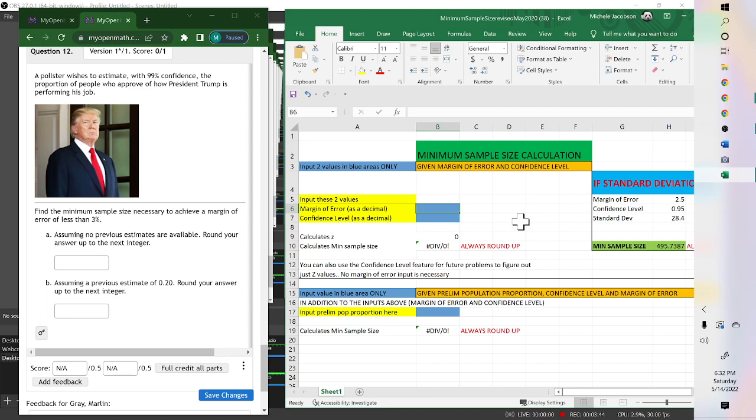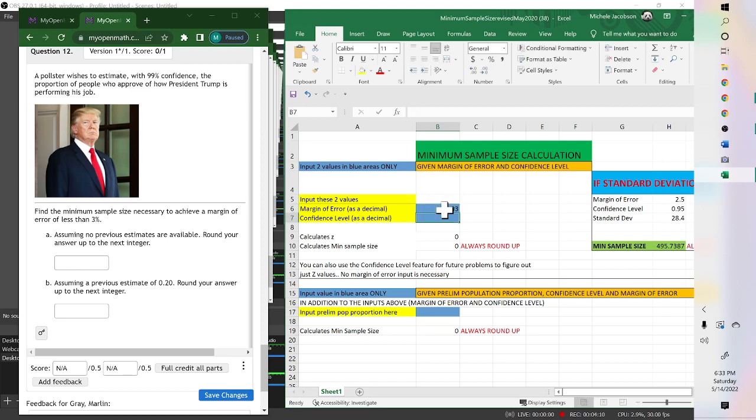A pollster wishes to estimate with a 99% confidence level the portion of people who approve of how President Trump is performing in his job. Find the minimum sample size necessary to achieve a margin of error of less than 3%. So here we want to put 0.03 because that's our percent written as a decimal for margin of error.